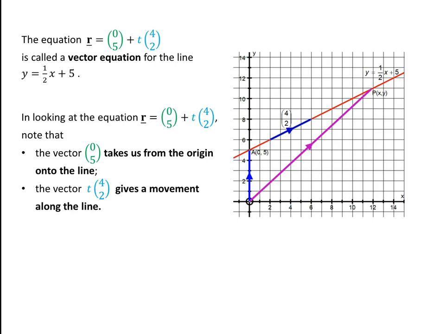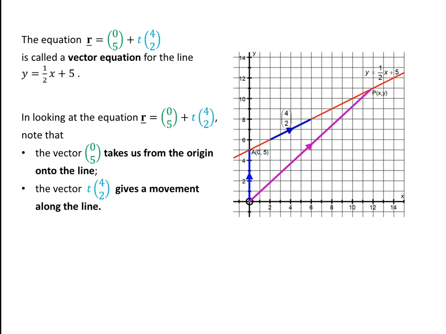Now notice that in this equation, r = (0, 5) + t(4, 2), we first of all have a movement of (0, 5), which takes us from the origin onto the line.